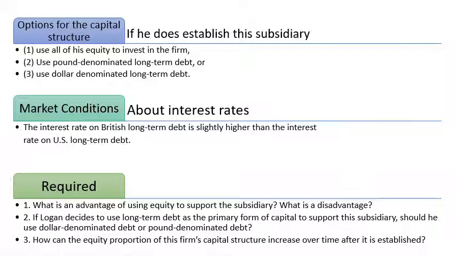The second question is, if Logan decides to use long-term debt as a primary form of capital to support this subsidiary, should he use dollar-denominated debt or pound-denominated debt? The third question is, how can the equity proportion of this firm's capital structure increase over time after it is established?